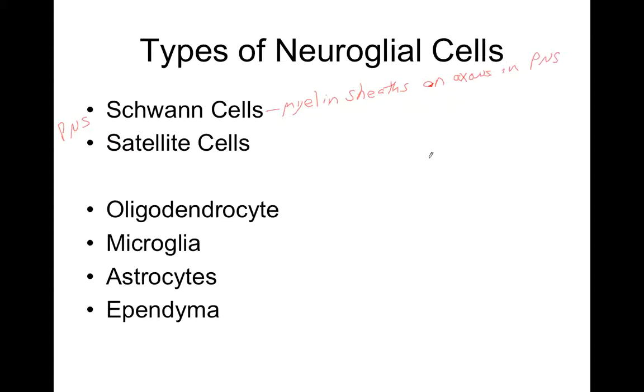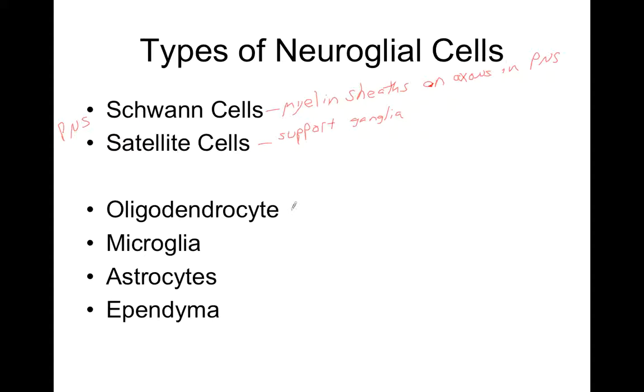Okay, and we'll talk about that a little bit more in a few minutes. These satellite cells, also found in the PNS, help to support ganglia. And ganglia are just masses of neurons that are in the PNS.